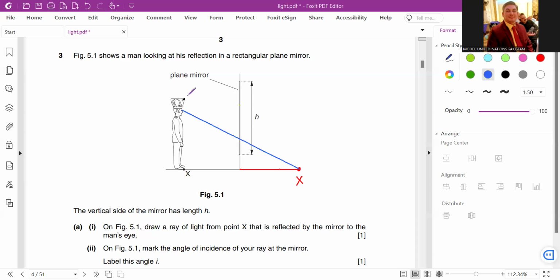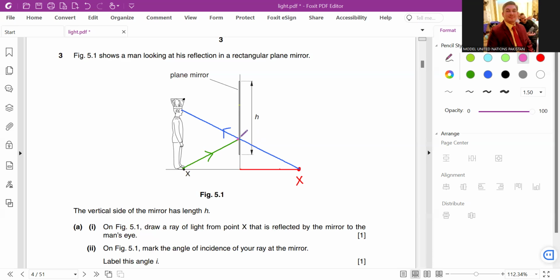So first we draw the reflected ray, which appears to come from the image. Then we draw the incident ray. This is my incident ray, which I draw with the green line. The incident ray meets the reflected ray at the mirror.